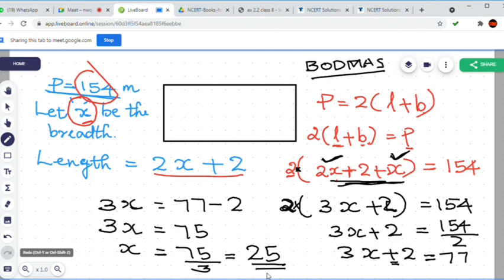That means x is 25. x means breadth. So last you rewrite once more.